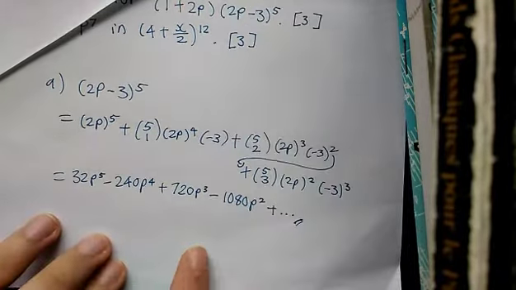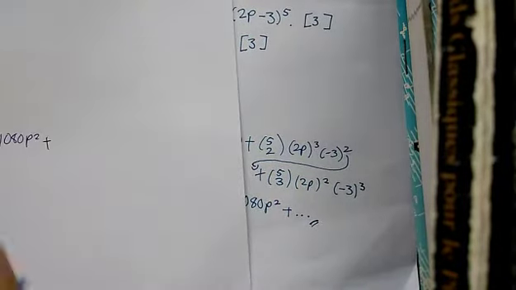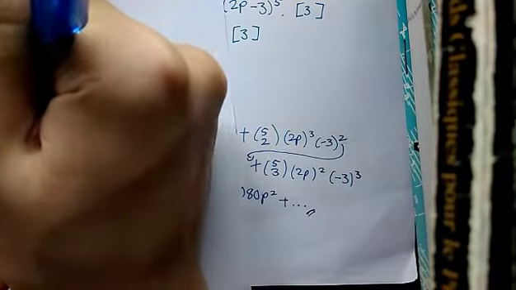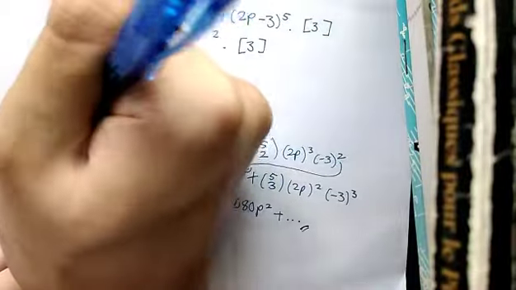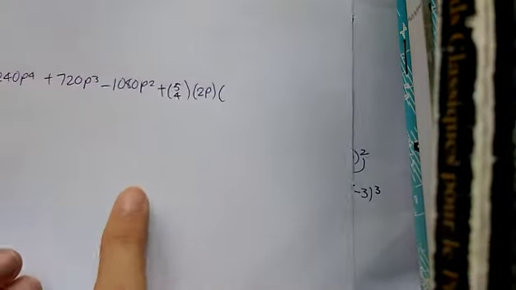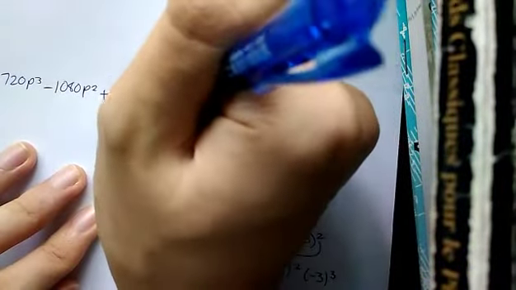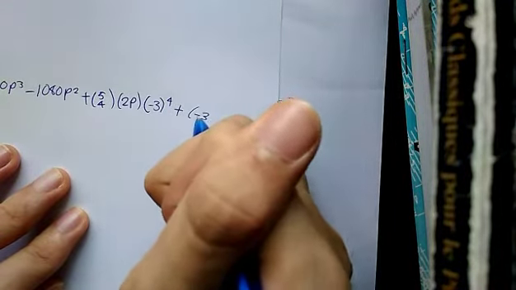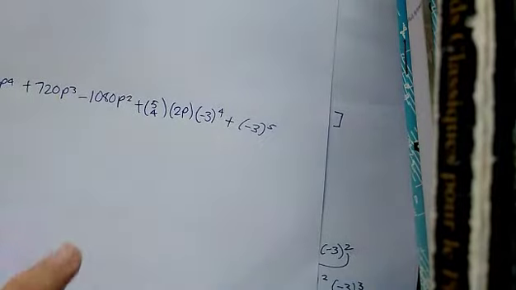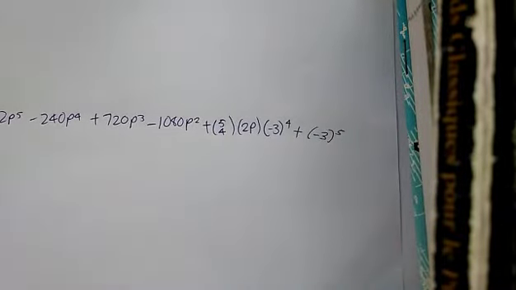So here we end with 5 choose 3, 2p to the power 2, negative 3 to the power 3, so we'll continue this. 5 choose 4, 2p to the power of 1, which we can just leave, it's not necessary, and negative 3 to the power of 4, plus negative 3 to the power of 5, because 5 choose 5 is also equal to 1, and 2p to the power of 0 is also equal to 1.